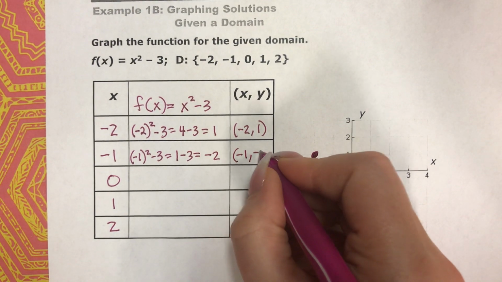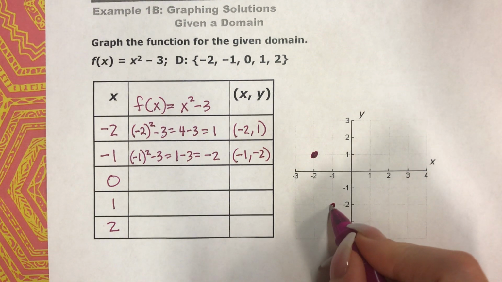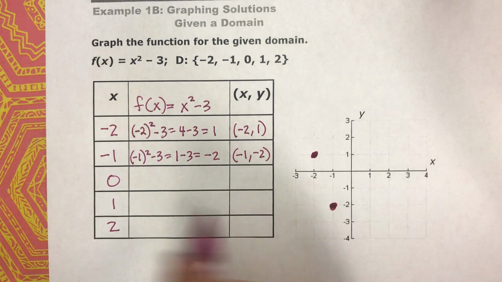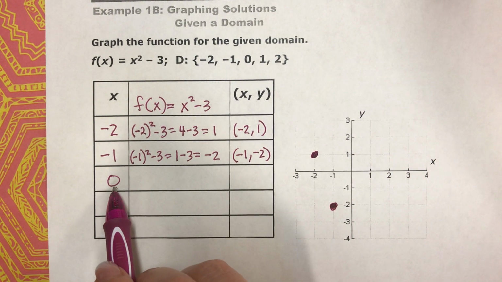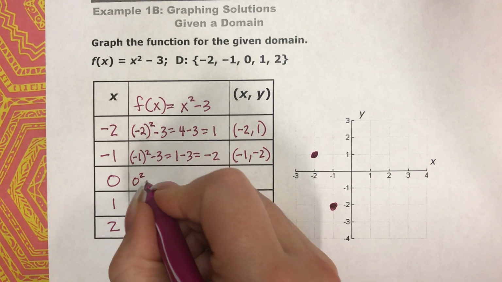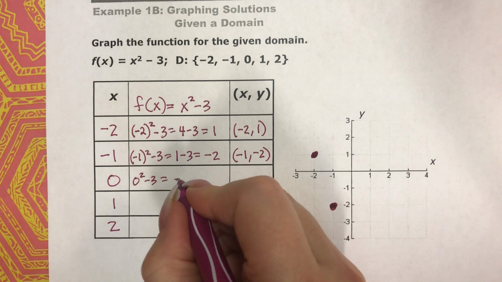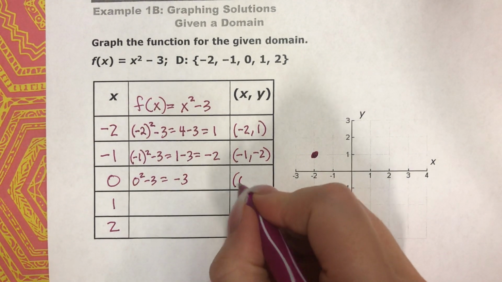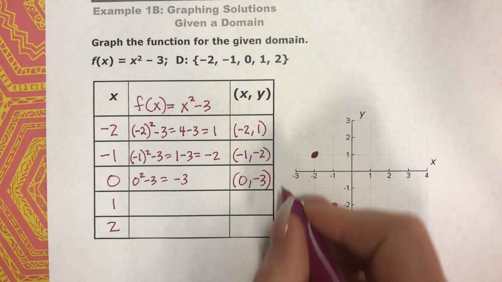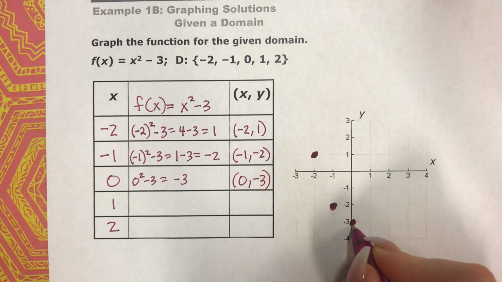We end up with this, (-1, -2) right here. And then let's find the domain value of 0. So that's going to be 0 squared minus 3, which 0 squared is just 0, so it's negative 3. So (0, -3), x is 0 here, negative 3 is down here.